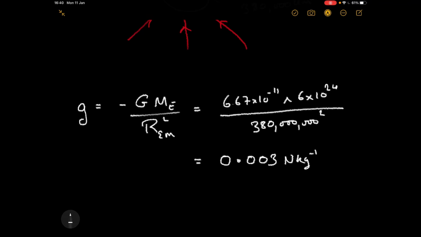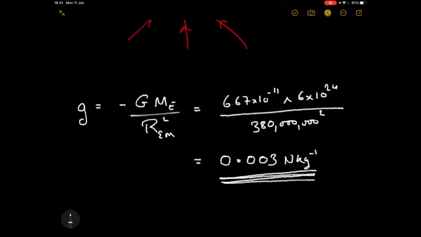So if you go to an orbital distance, the same distance away as the Moon is, you are still not weightless, but you're getting a lot closer to it. It's quite amazing. So an 80 kilogram person has a weight on them of about 0.2 newtons. So that is the sort of size that we get.